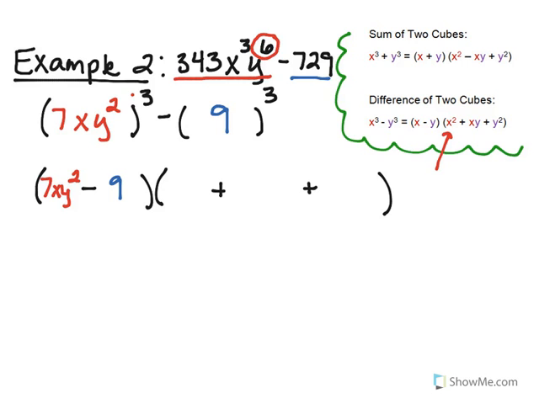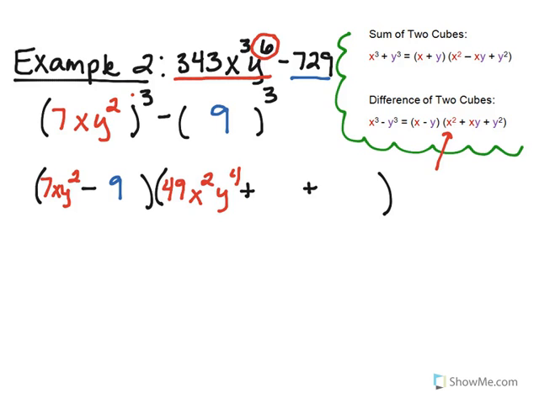So 7 squared is 49. And I'm going to erase that plus sign because I think I need more room. And then x squared is just x squared. And then y squared squared is y to the 4th. Okay. It's taking up quite a bit of room there.